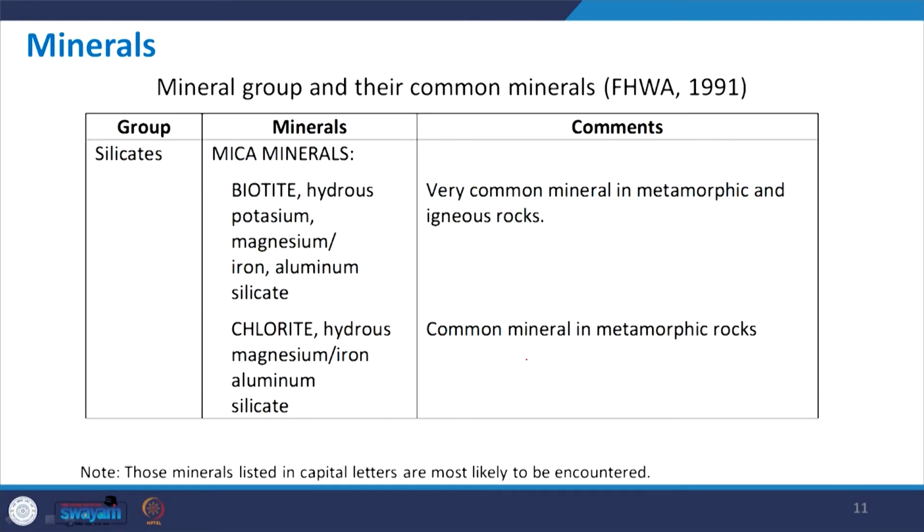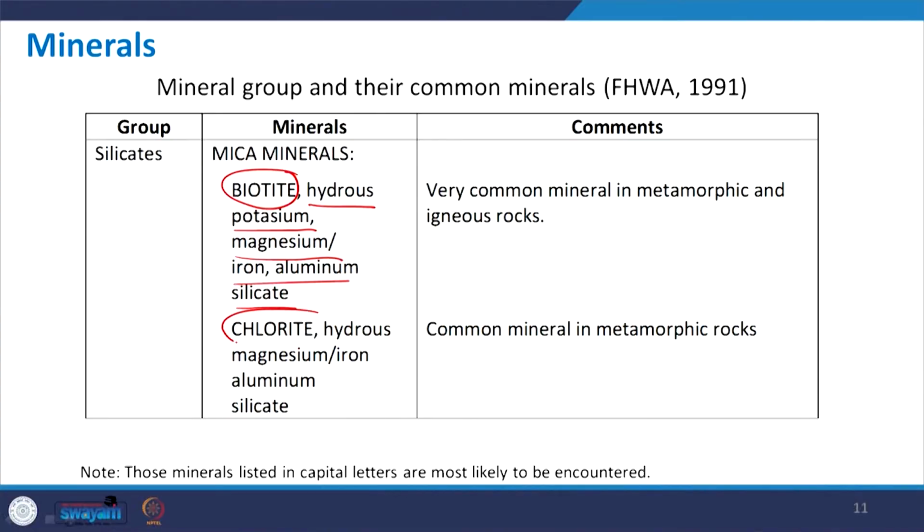Coming to the next category of mica minerals, this is biotite, which can be identified as hydrous potassium, magnesium or iron, aluminum silicate, and these minerals commonly occur in igneous as well as metamorphic rocks.